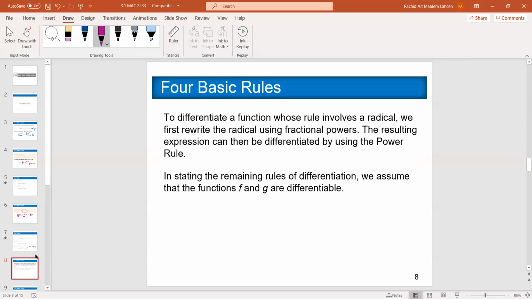To differentiate a function whose rule involves a radical, we first rewrite the radical using a fractional power. So let's say the square root of x, that's a simple one. Then you change it to x to the 1/2, right? Then you apply the power rule on it. 1/2 minus 1, so 1/2 times x to the negative 1/2, right?